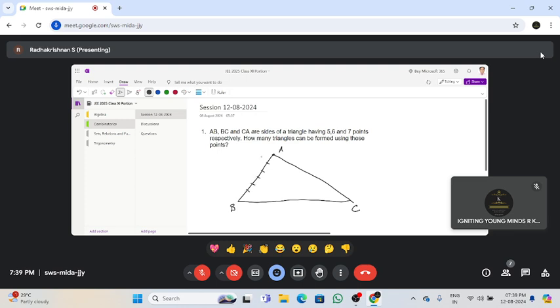Let us say P1, P2, P3, P4, P5. And there are 6 points on BC: 1, 2, 3, up to 6. And there are 7 points on this side.